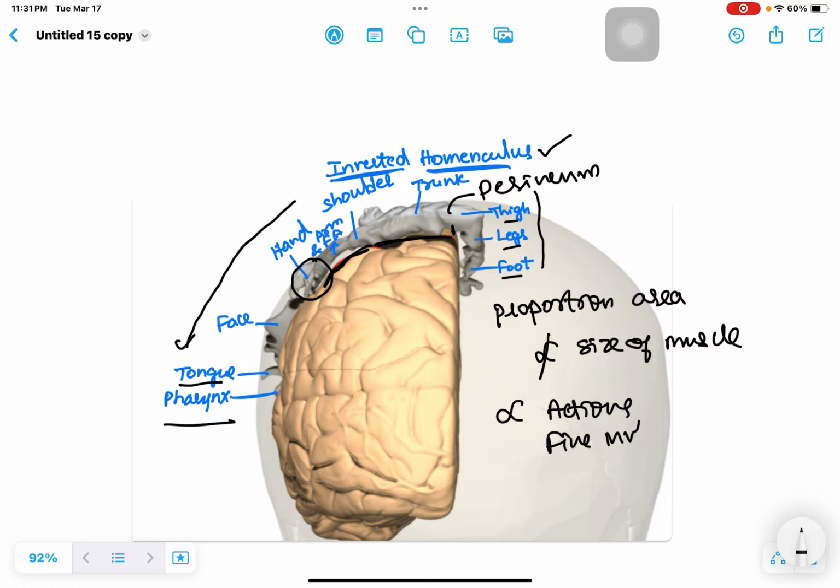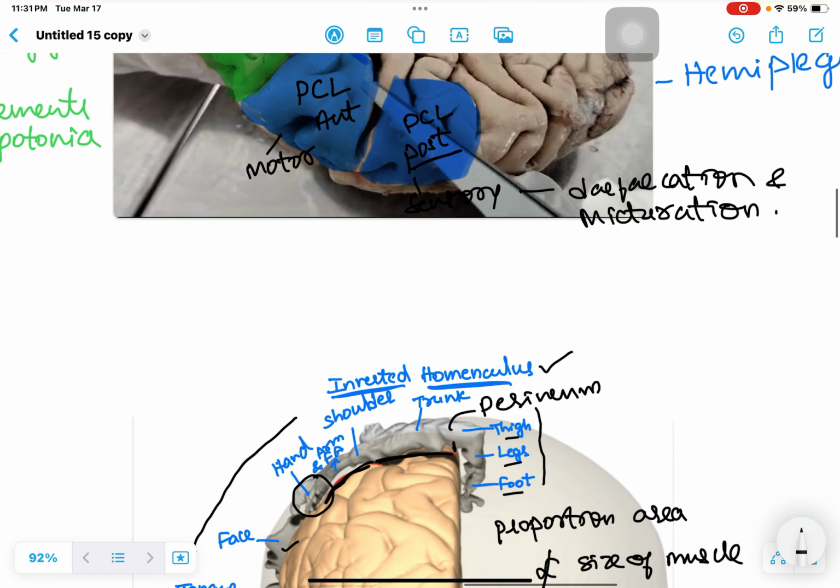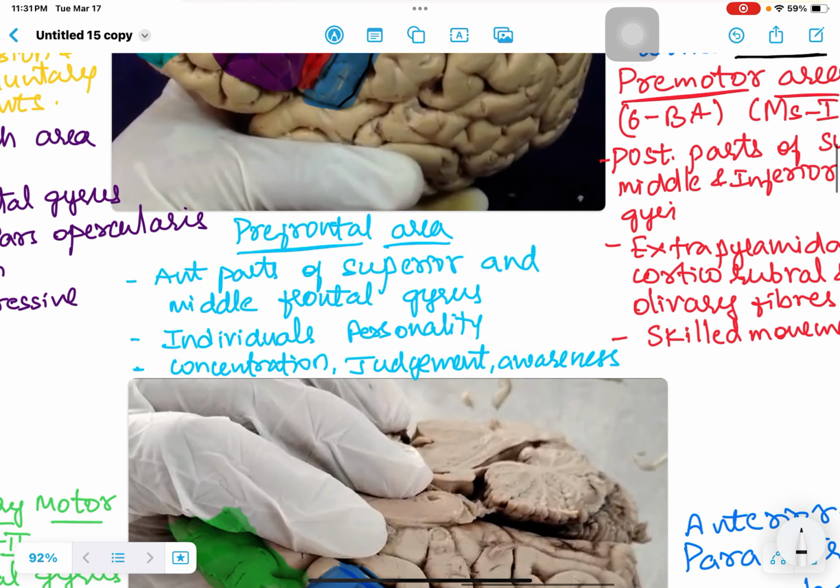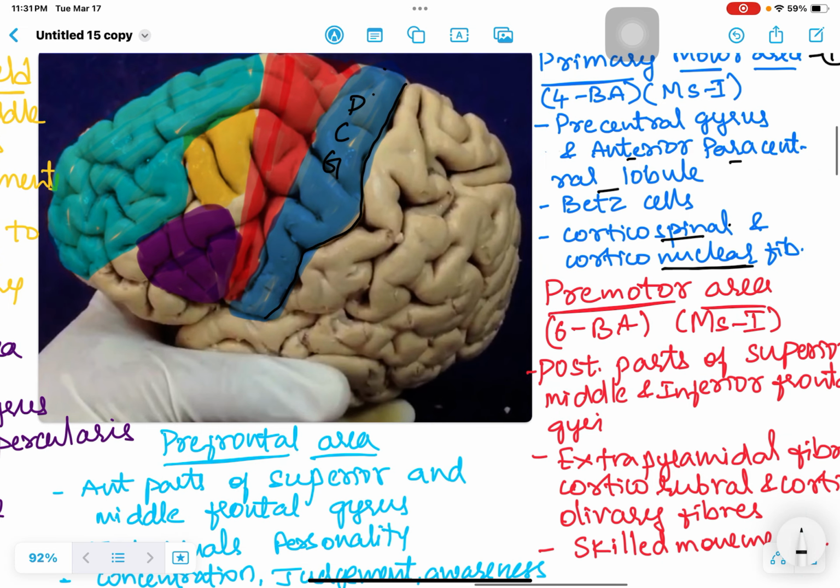So it is represented based on activity and skill. That's why even though the hand is very small, it is represented in a larger area, and the face also, though it is small, is represented in a very large area. So this is about the primary motor area.